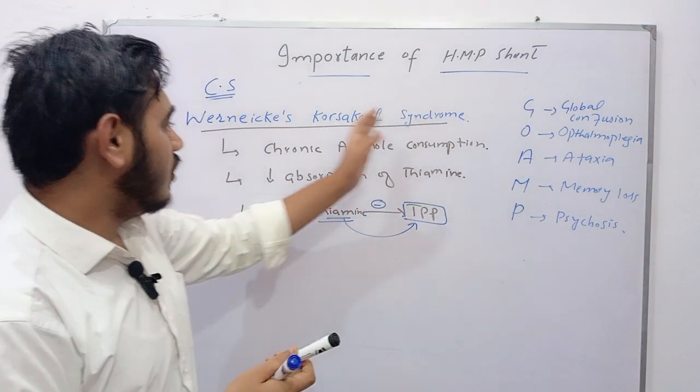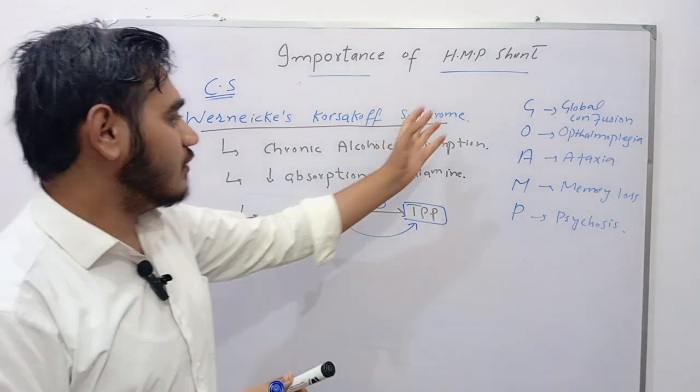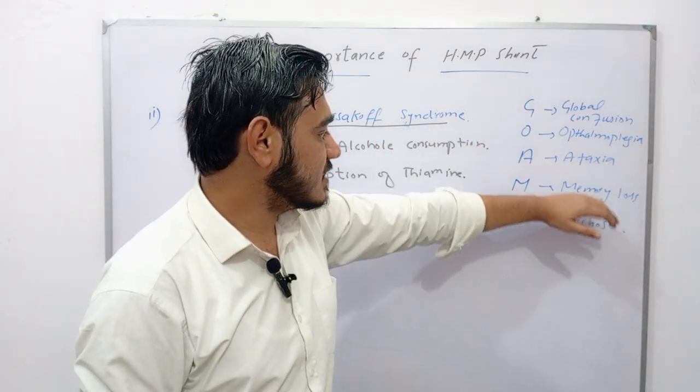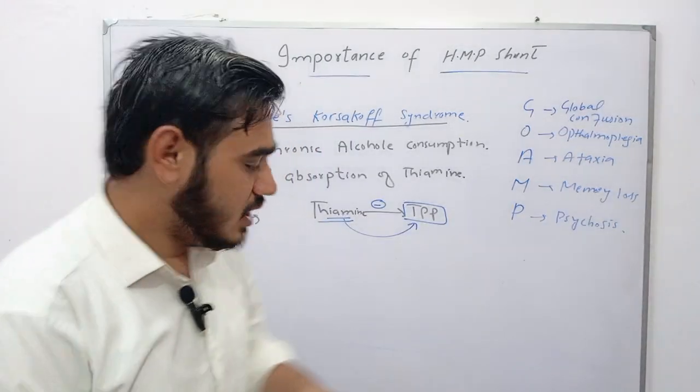These are the symptoms of this disorder, Wernicke-Korsakoff syndrome: global confusion, ophthalmoplegia, ataxia, memory loss, and psychosis.